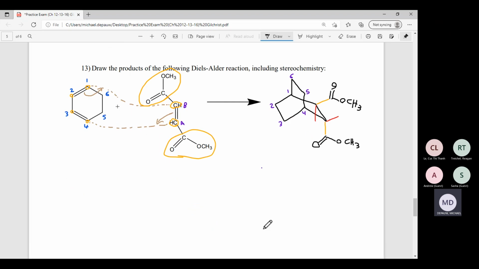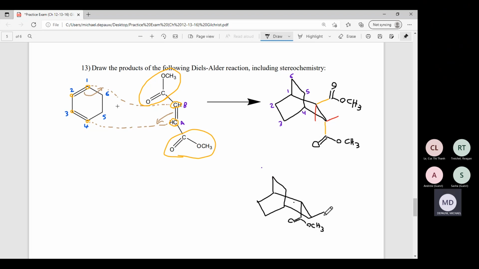And then the other isomer is just going to be the opposite. Whoops, let me erase that. I don't like it. Okay, so in this one, I'd have the C double bond O, single bond OCH3 here in the down position.